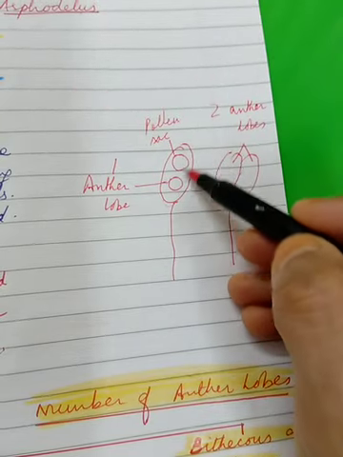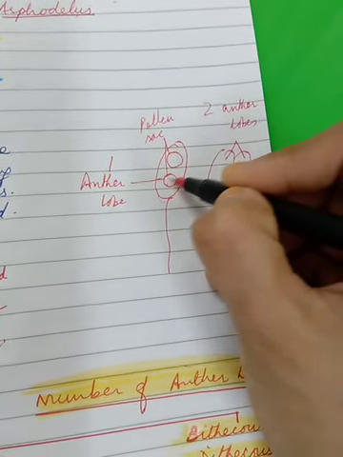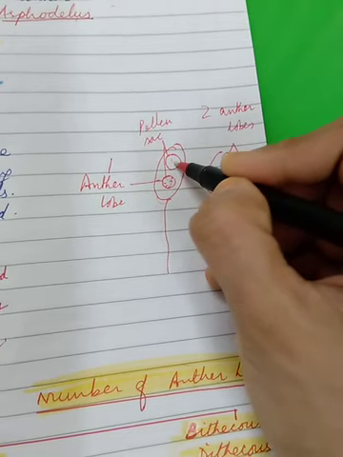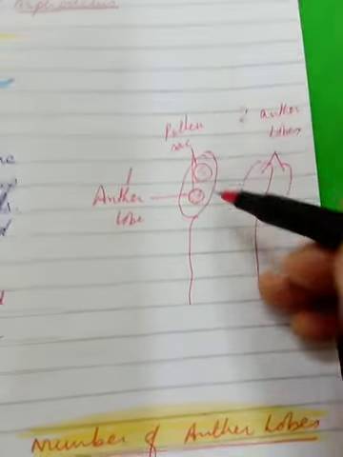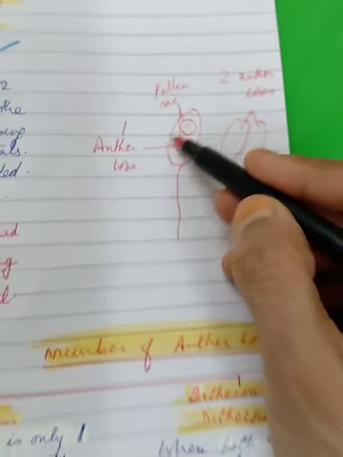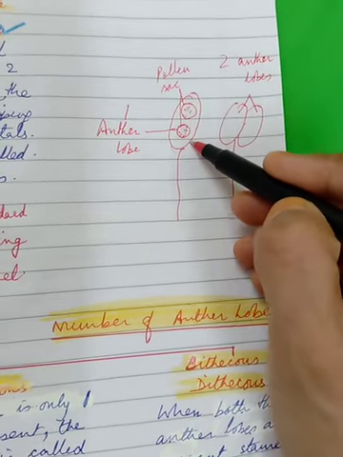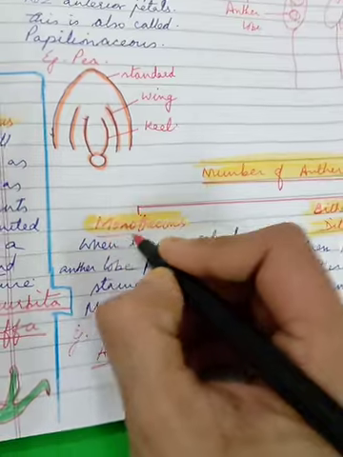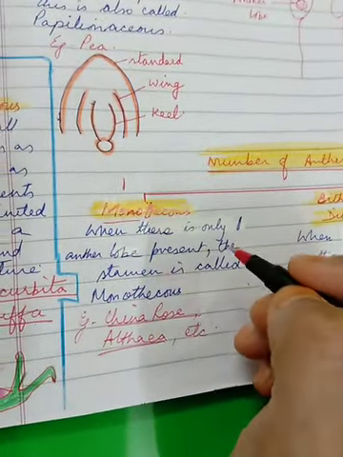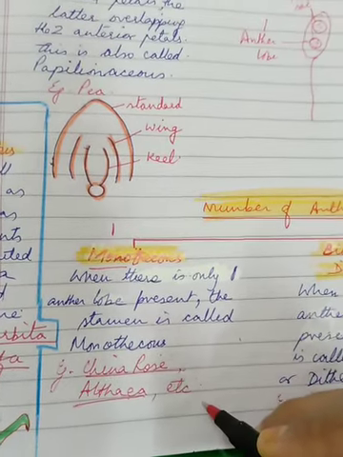So in one lobe there are two pollen sacs, and they are filled with a very high number of pollen grains. Such a condition where the anther is one lobed only, or indirectly there are two pollen sacs, is called monothecous. Mono means one, right? Example, China rose, Acacia, etc.